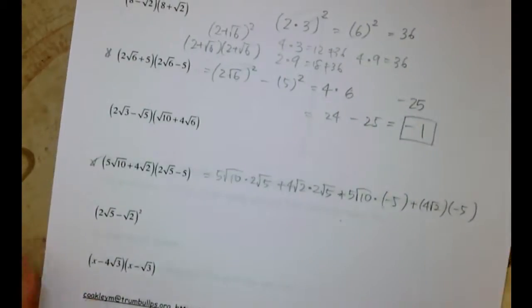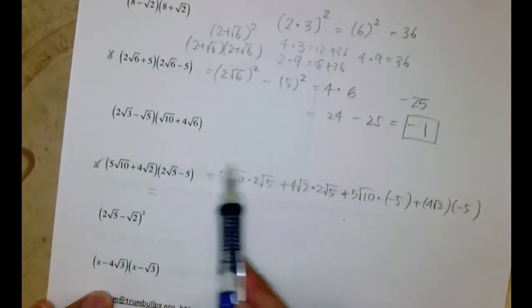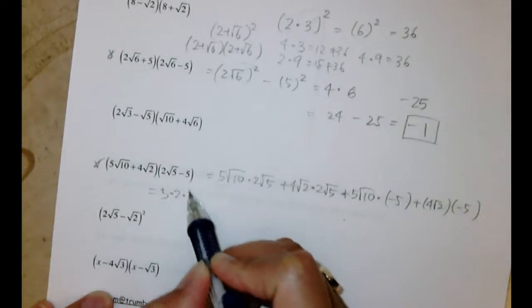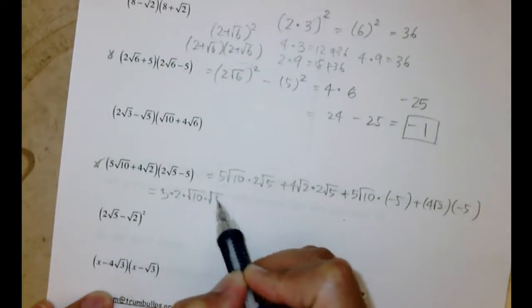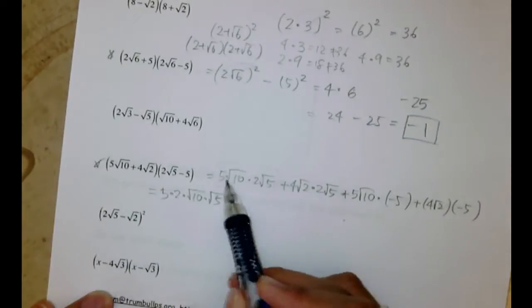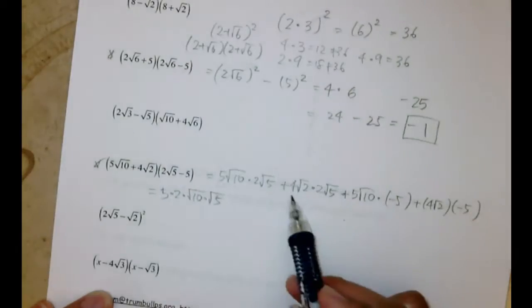Okay? All right. So this one is basically 5 times 2 times root 10 times root 5, right? Because they're multiplied here and they're multiplying. These are 4 different numbers multiplied together, right? And the same thing here.